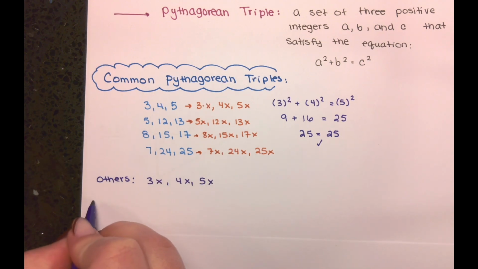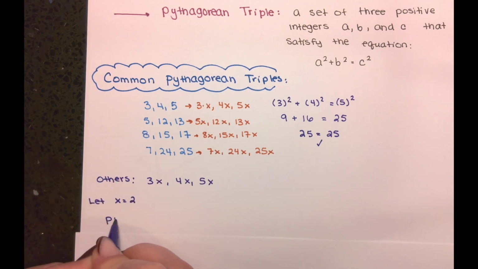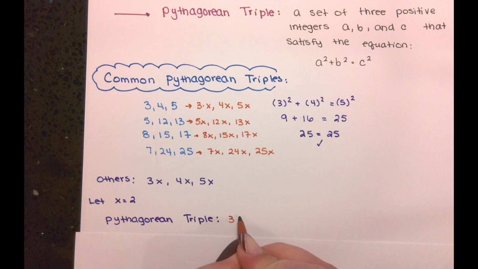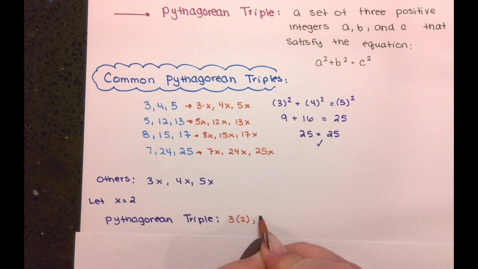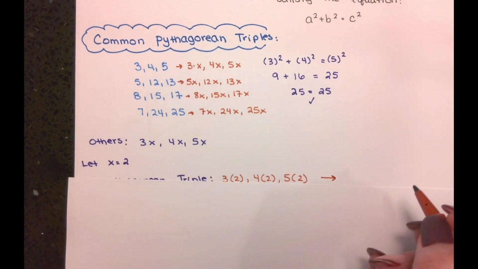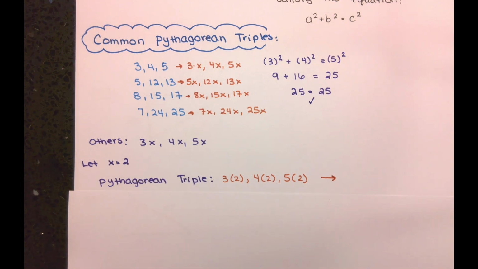So if I choose x to be 2, that means we have a different Pythagorean triple as 3 times 2, 4 times 2, and 5 times 2. That means that we have a Pythagorean triple as 6, 8, and 10.